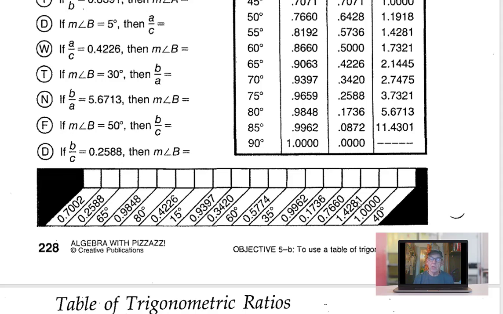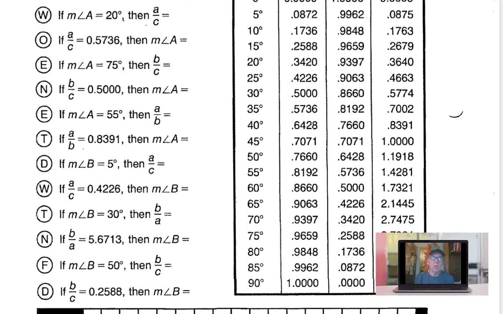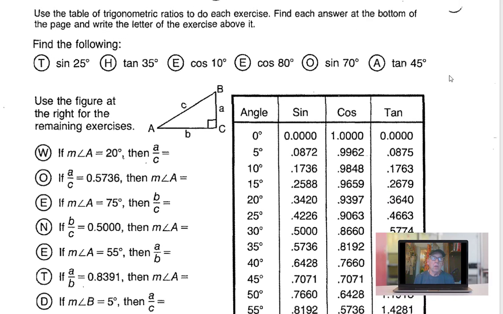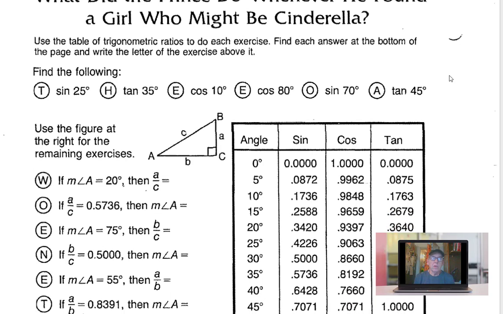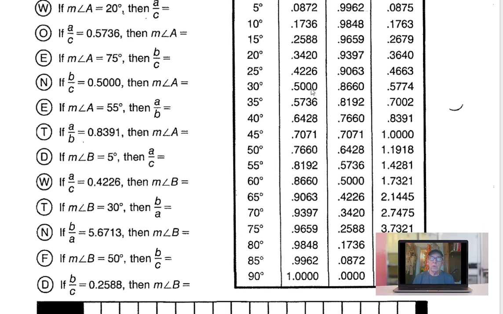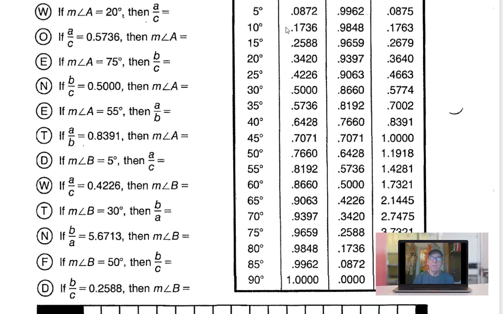And I don't see it. Let's look back up here again. We're looking at sine of 25 degrees. So we go down to 25, and now we're looking in the sine column. The sine of 25 degrees is 0.4226.